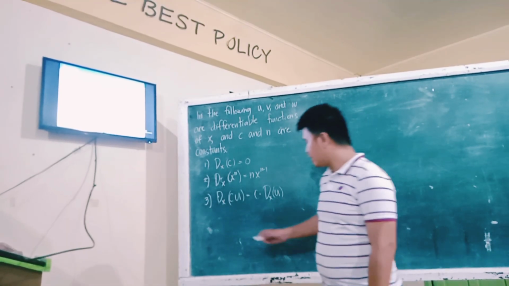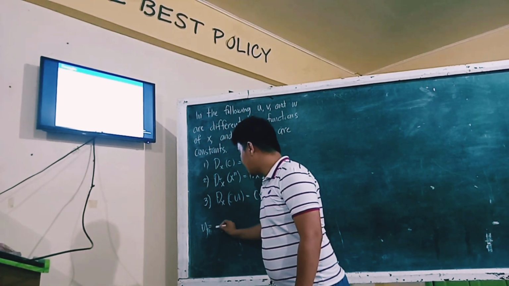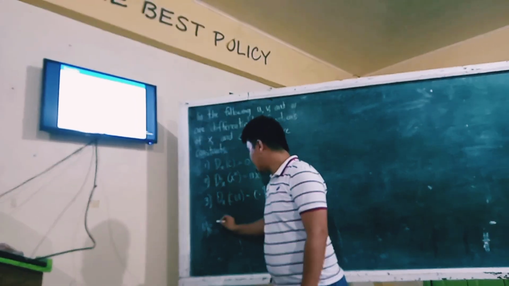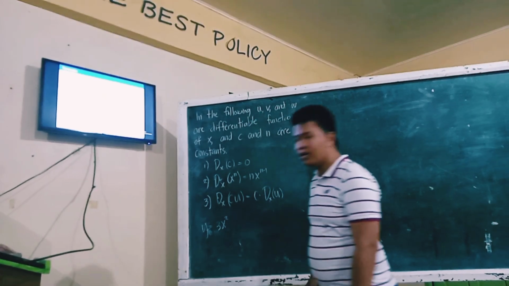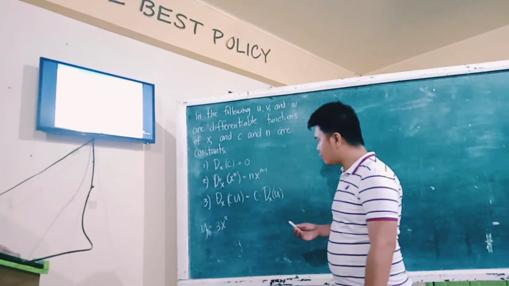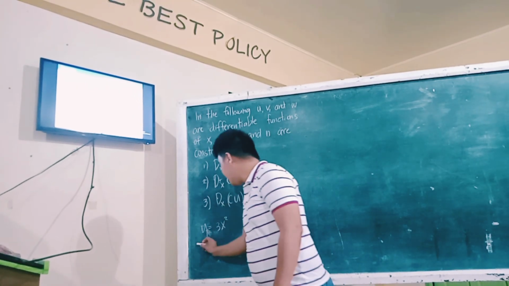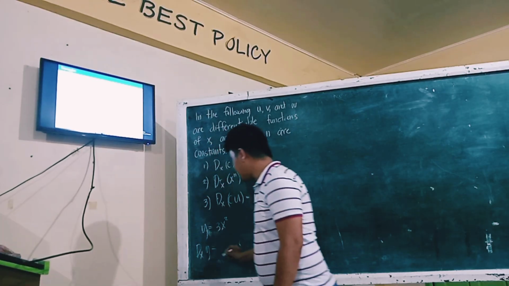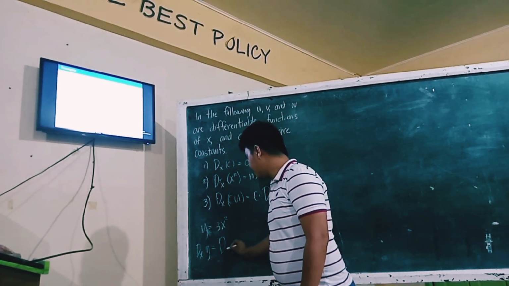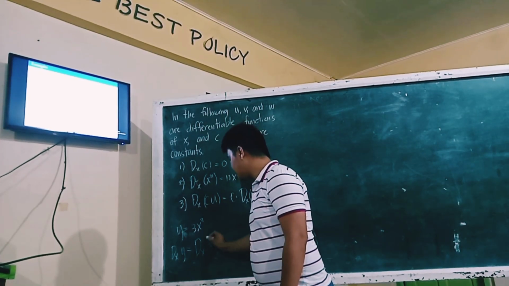To illustrate this formula, I will give you some examples. Suppose we have y is equal to 3x squared. Again, since this is a function, we need to differentiate both sides of the equation. So we have the derivative of y is equal to the derivative of 3x squared with respect to x.